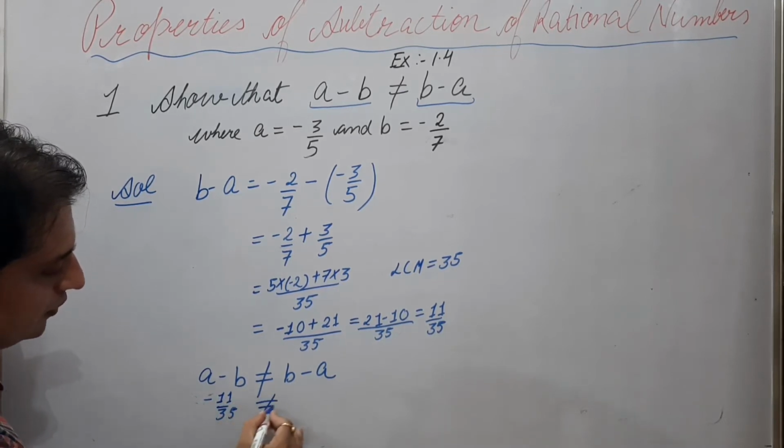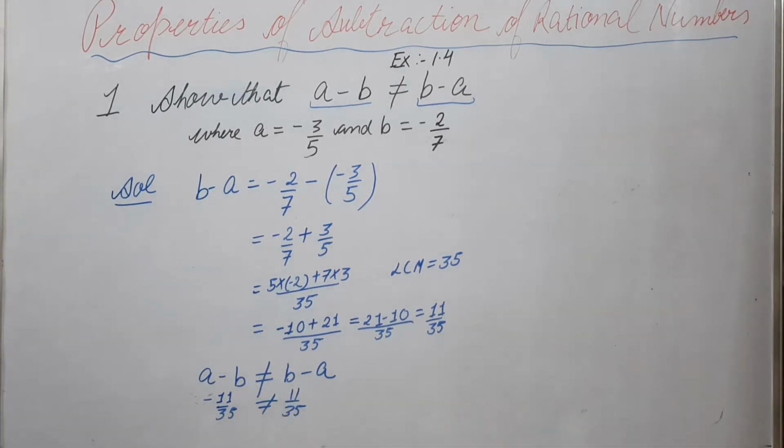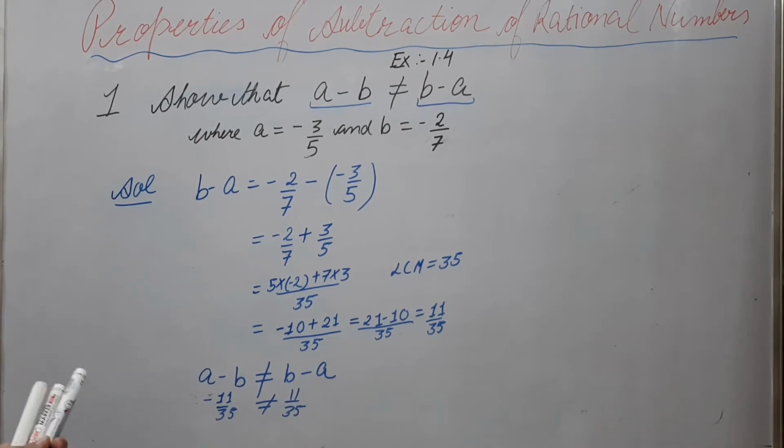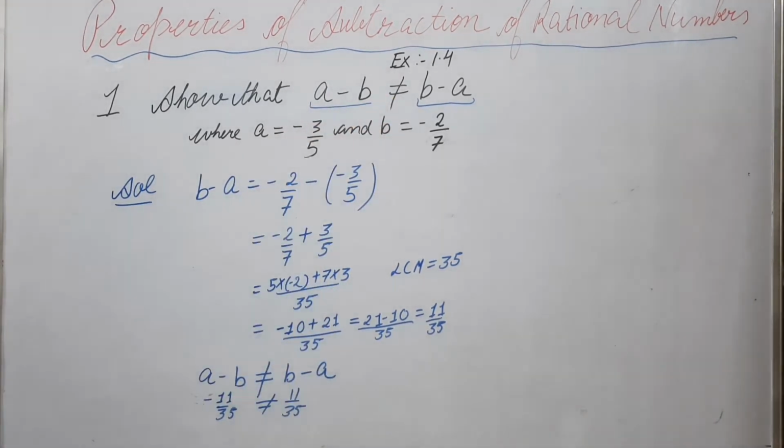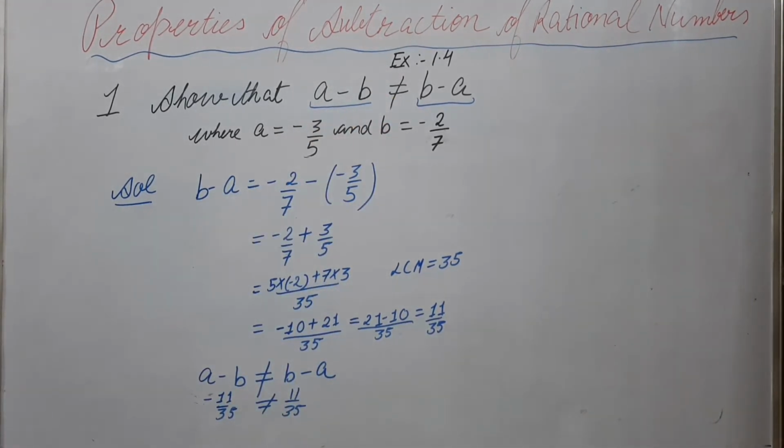That is not equal to 11 upon 35. In both the cases, the answers are different, right? So this is like a commutative property, but this property does not hold true in case of subtraction. We can't change the order of the two rational numbers.